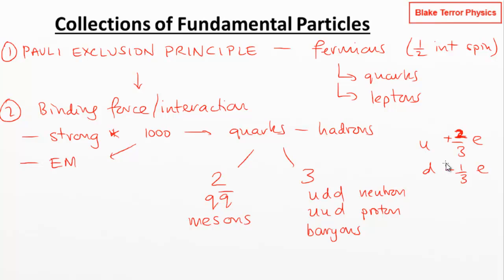So this is allowing these two up quarks, which are both positively charged, to hang around in a proton, because the strong interaction can dominate, providing you can get them close enough together.